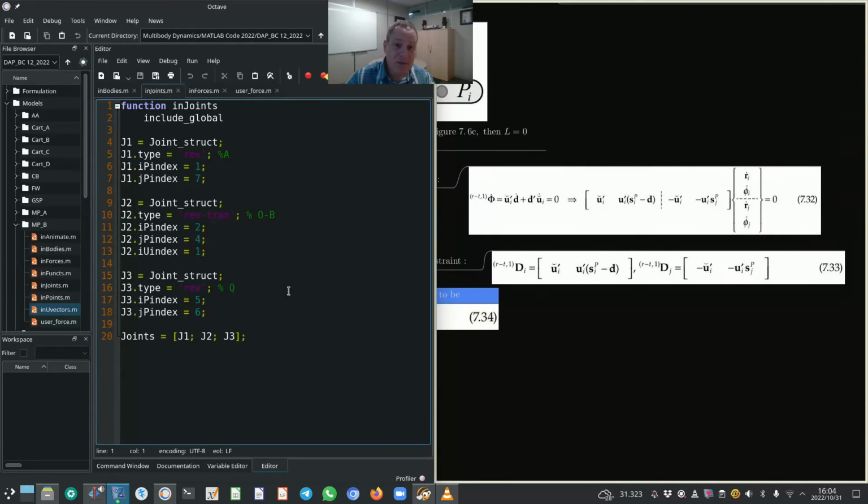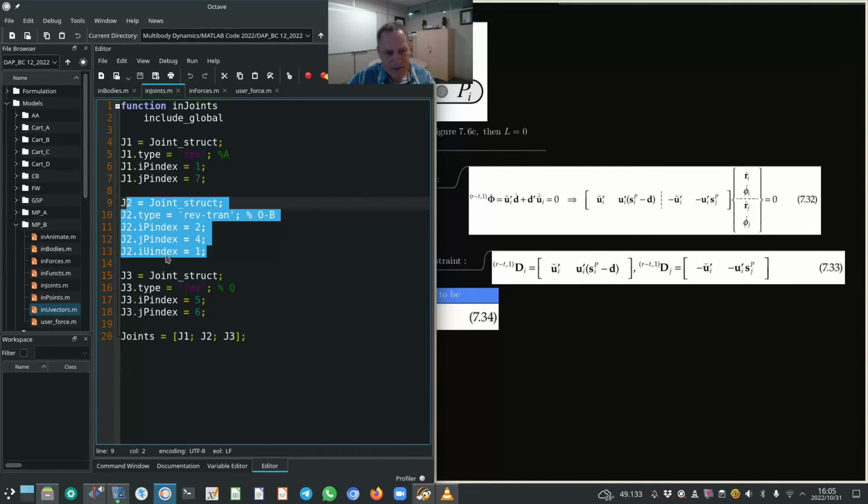So looking at the input M files for MP_B, McPherson suspension _B, specifically in joints, this second joint is our revolute translational joint, and here you can see we specify P on body I, we specify point P on body J, the index of that point, and we specify the unit vector on body I. Let's just tie this up with our Jacobian submatrices.